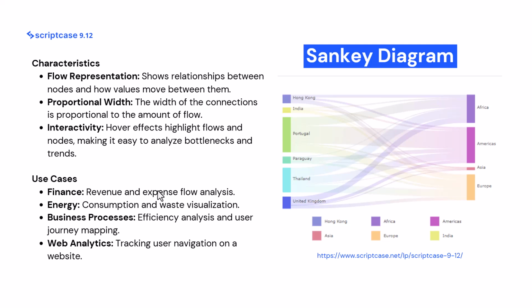So you always have these relationships between nodes and how values move between them. The width of the connections is proportional to the amount of flow, as we saw, and the hover effects highlight the flows and nodes, making it easier to analyze bottlenecks and trends.